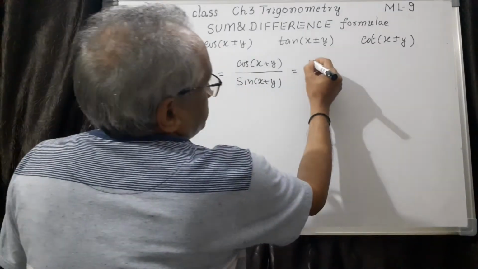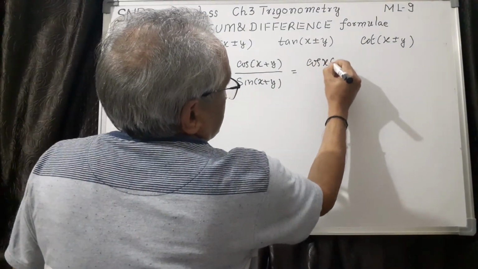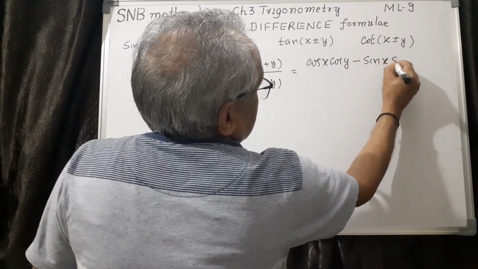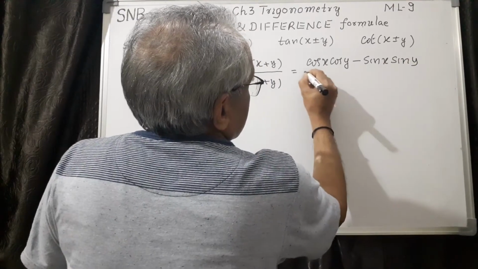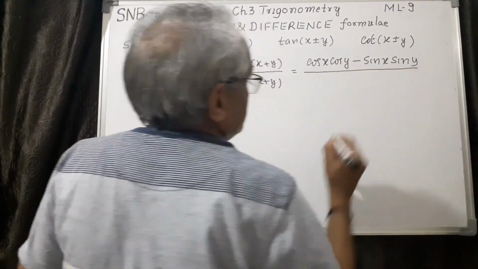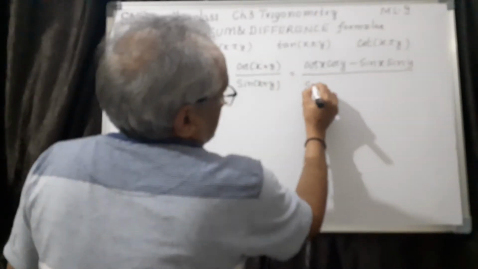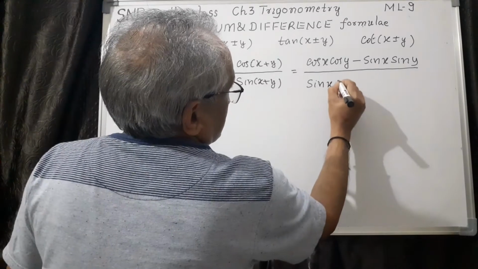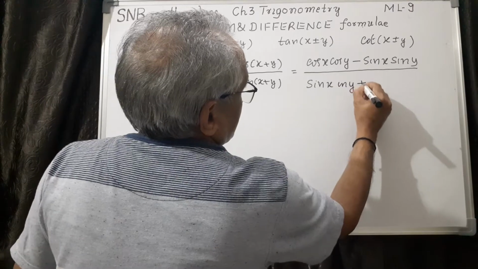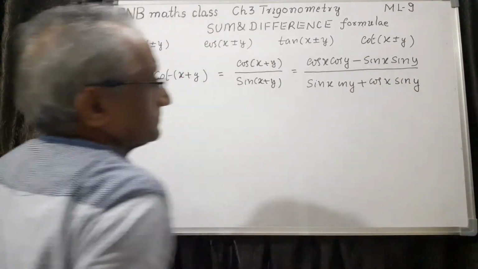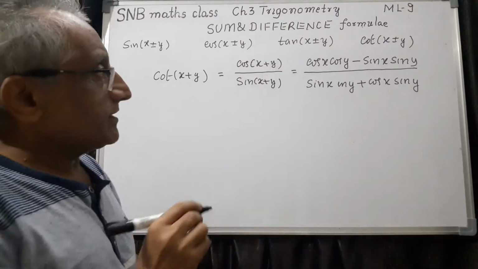So, this is cos x cos y minus sin x sin y, divided by sin of x plus y, which is sin x cos y plus cos x sin y. So this is the formula.